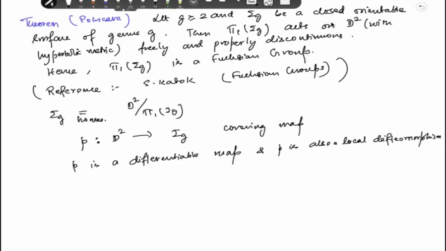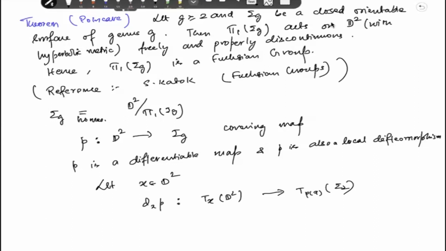Now because P is a differentiable map, let us take some point x in this unit disk. We have the differential of this map, which goes from the tangent space of the disk at x to the tangent space of the surface at the point P(x).